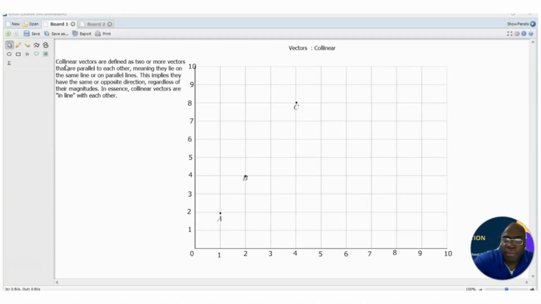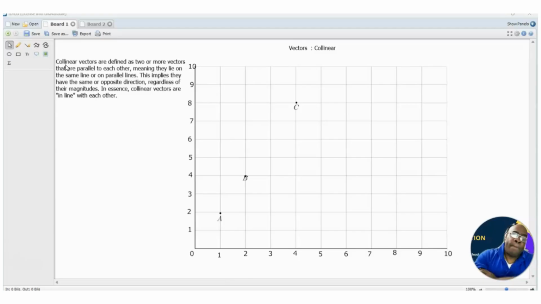So the size of the vector is not a factor that determines if the vectors are collinear or not. In essence, collinear vectors are in line with each other.